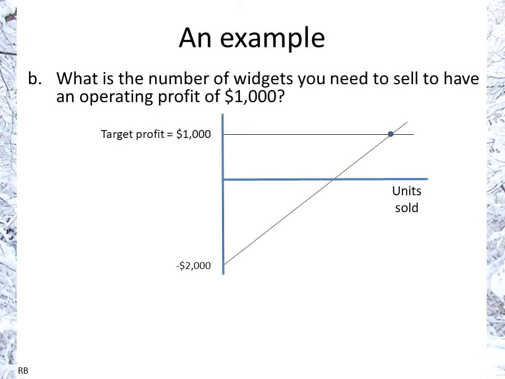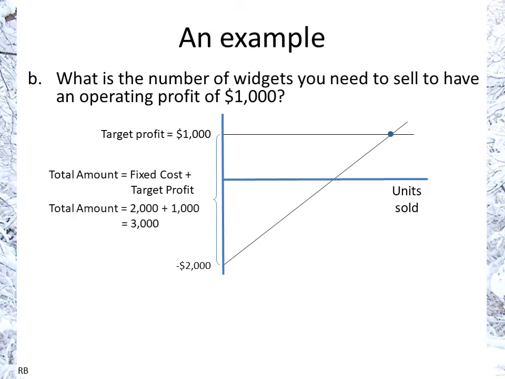Now, what would be the number of widgets we would need to sell to have an operating profit of $1,000? So here's our target, $1,000. That means here we would have to recover this amount. The total amount would be the fixed cost plus the target profit. Here we are looking at $2,000 to get to 0 plus another $1,000 to get to 1,000.